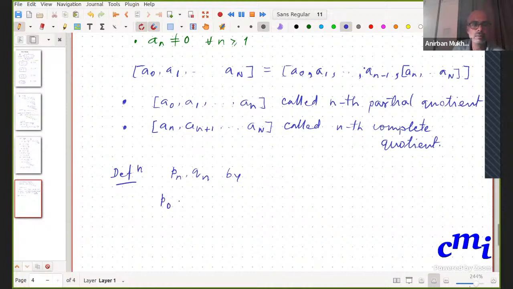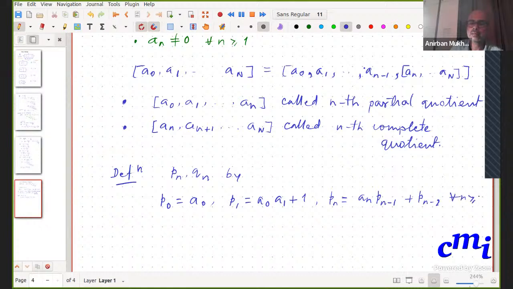So P0 is just A0. Given a continued fraction, we are defining this. And P1 is A0 A1 plus 1. Pn is An Pn minus 1 plus Pn minus 2 for all n greater than or equal to 2, a recursive definition, because we have already defined it for 0 and 1. From 2 onward, we use this formula.